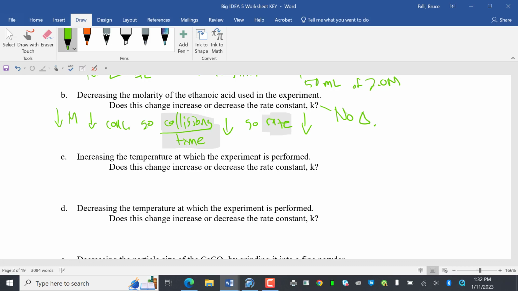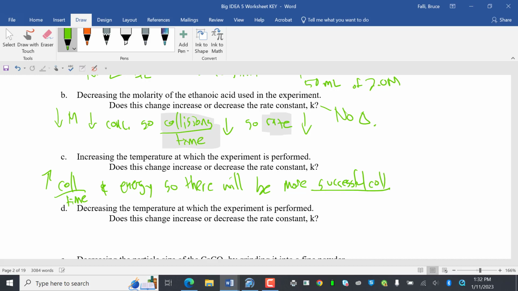Increasing the temperature at which the experiment is performed. So if you increase the temperature, that would increase collisions per time and the energy of collisions. So there will be more successful collisions per time.